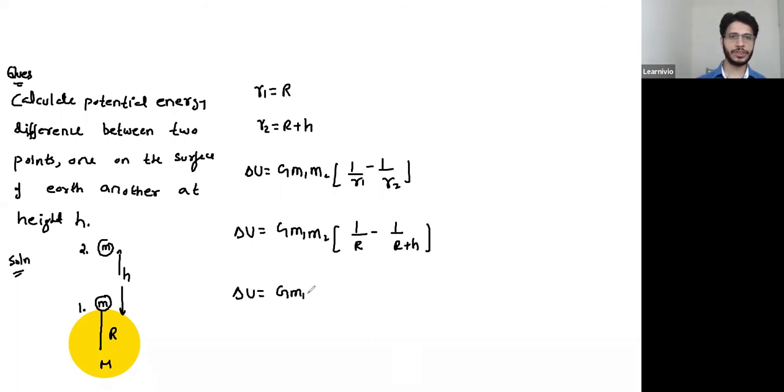So this is G M1 M2. You can do one thing: you can take R into R plus h as the LCM. Instead of M1 and M2, I'm using small m and capital M, so I'm taking M1 as capital M and M2 as small m.